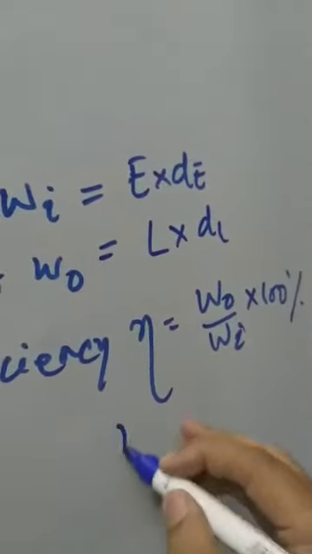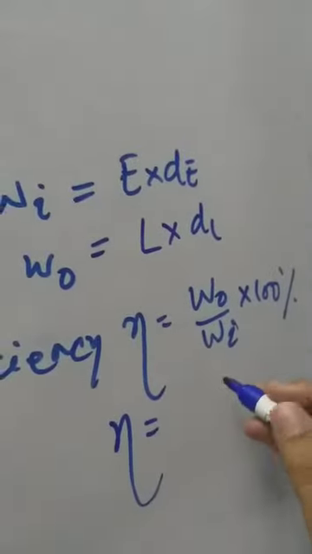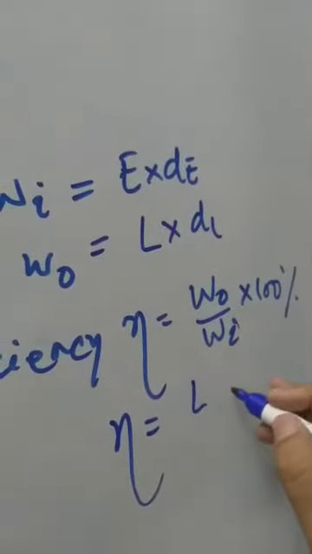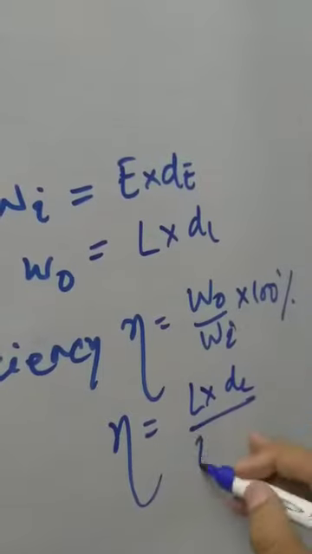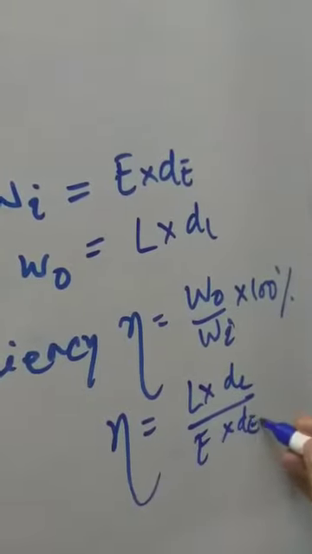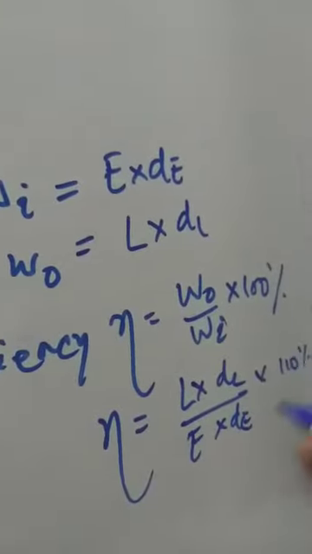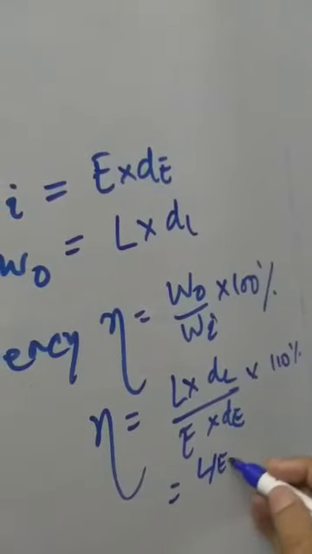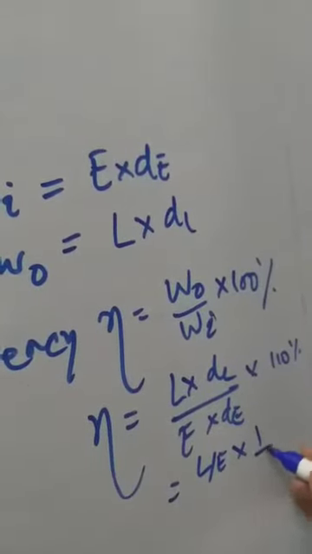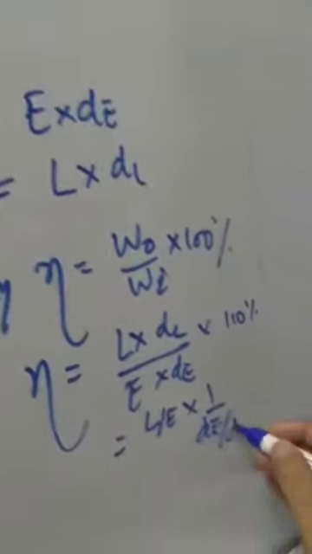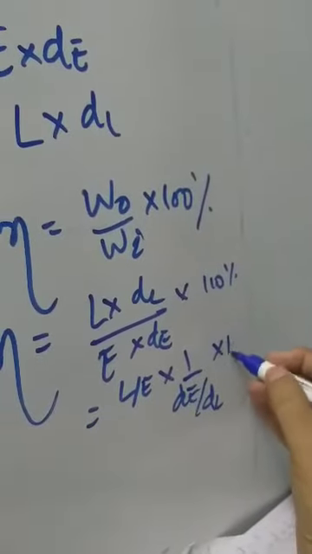So if you put the values, eta will be equal to L dL by E dE into 100%, then L by E into dL by dE into 100%.